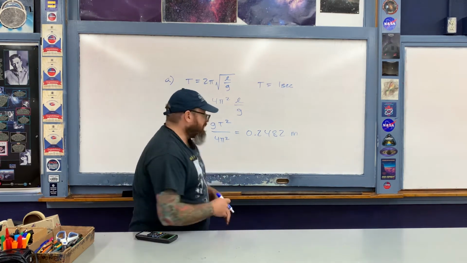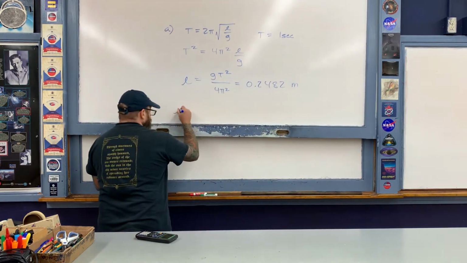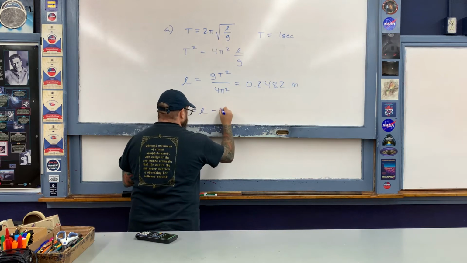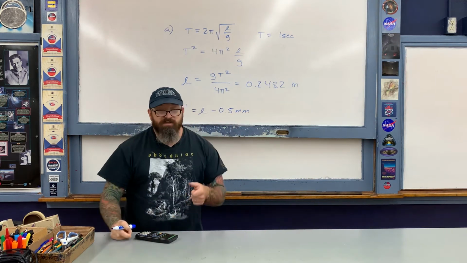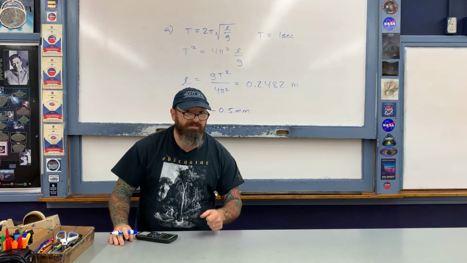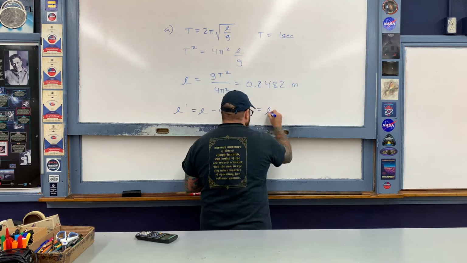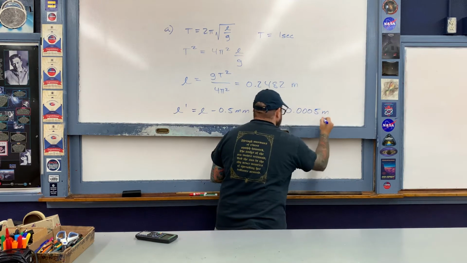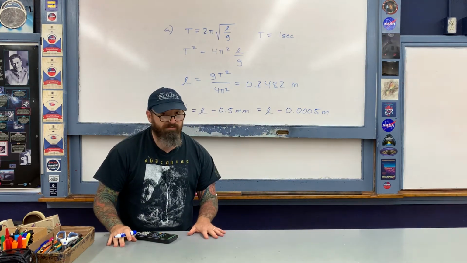In this particular case, we're going to get a new length. I'm going to call it L prime just to give it a name. This is equal to the length L minus a half a millimeter. A half a millimeter is 5 times 10 to the minus 4 meters. So the length L minus 0.0005 meters. That's 5 times 10 to the minus 4 meters, a half a millimeter.